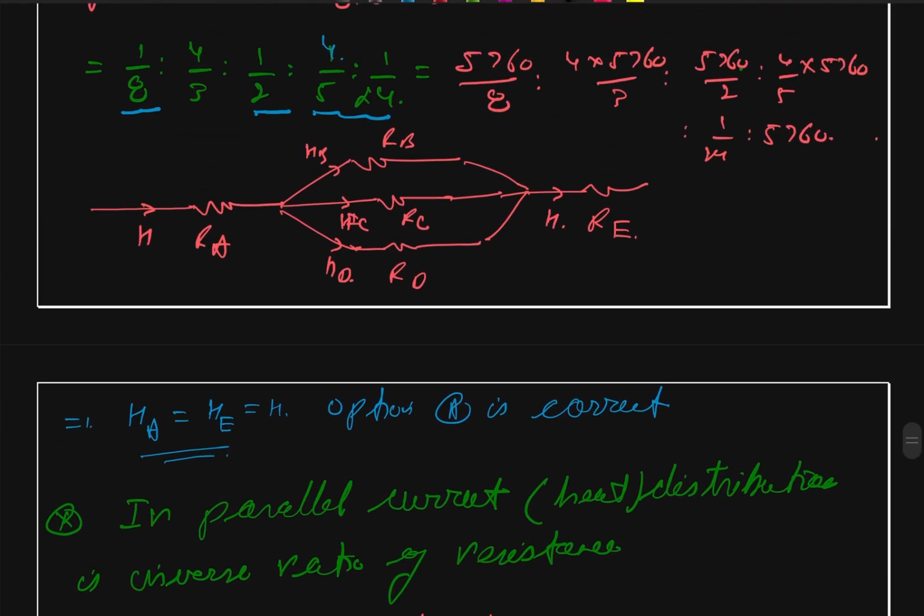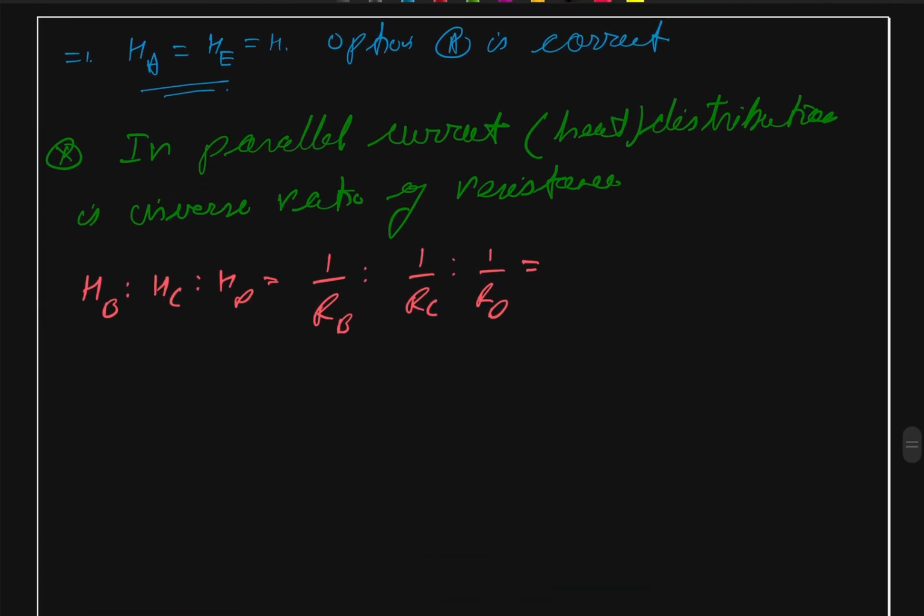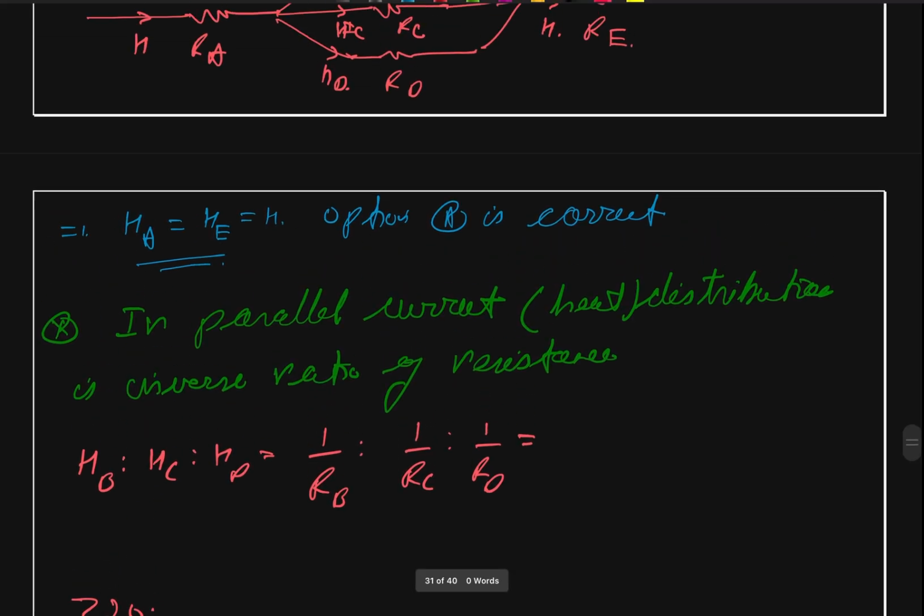Okay, so let us divide one by them. So we are dividing by 8. This will be coming as 720.